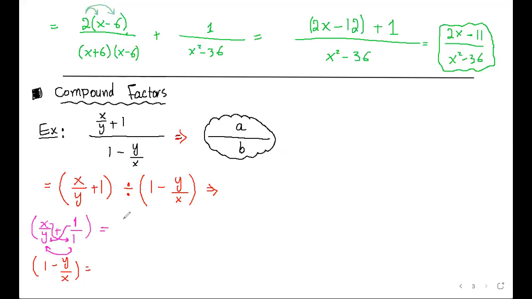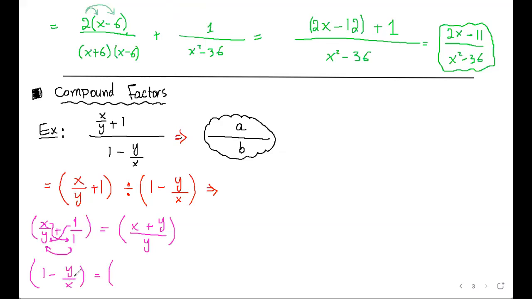So this is equal to x times 1 is x, 1 times y is y, over y times 1 is y. So we finished the first parentheses. The second parentheses, who will do the second one? x minus y over x, exactly.